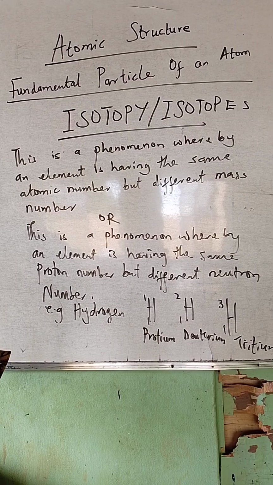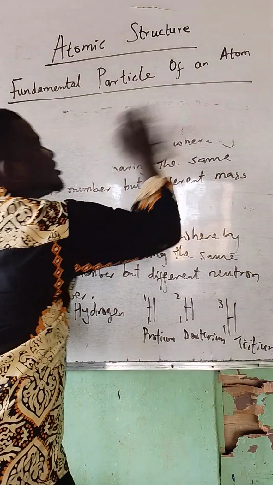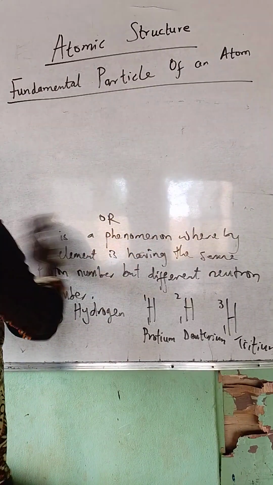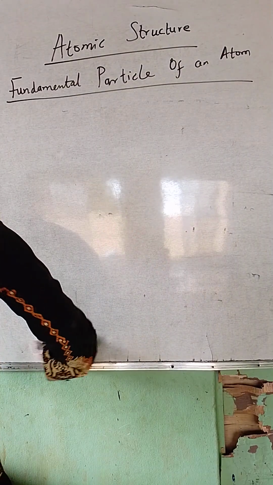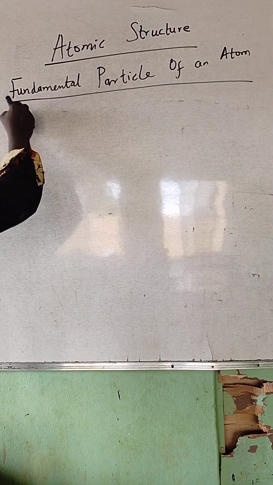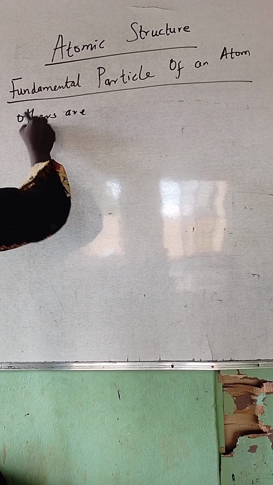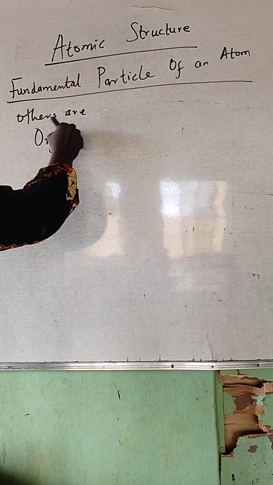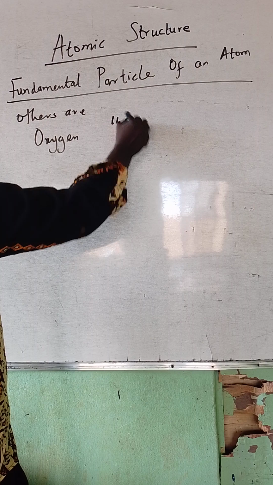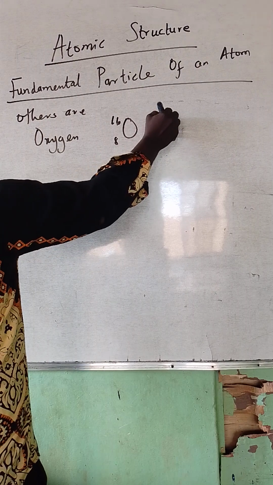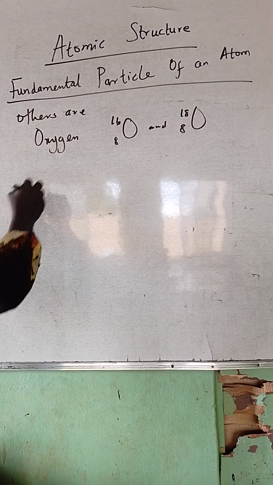We also have oxygen. Oxygen exhibits isotopy. Oxygen is 16, 8, and then 18. We also have carbon.